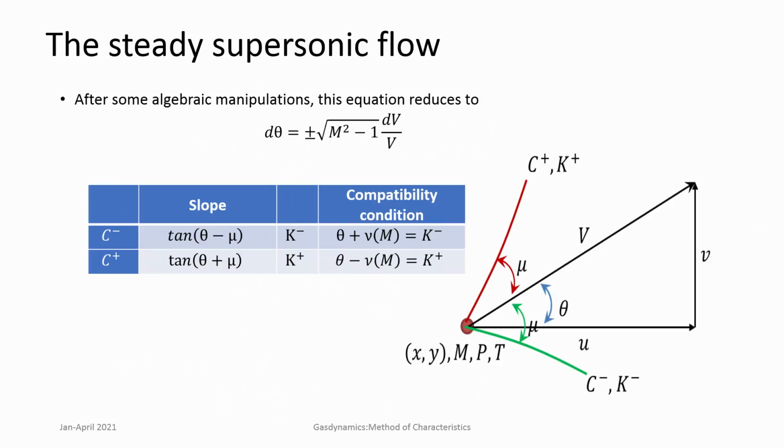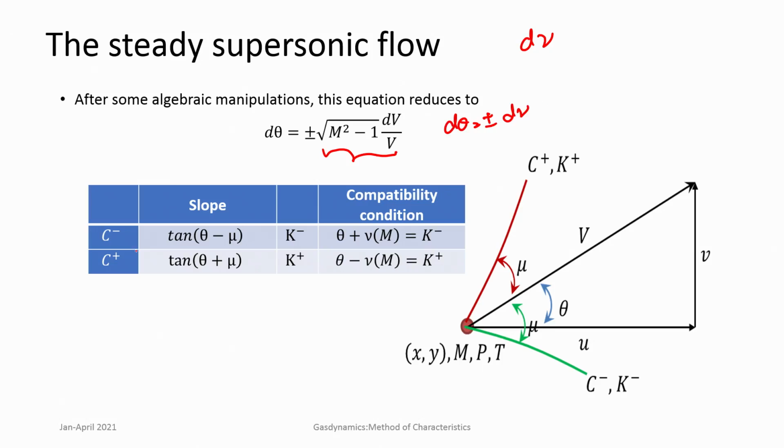Then what we get is that d theta is equal to plus or minus square root of M square minus 1 dv by v. This particular form should be familiar to all of you by now. Square root of M square minus 1 dv by v is nothing but d nu, where nu is the Prandtl-Meyer function. So, you get d theta is equal to plus or minus d nu. If you integrate it, you just get the condition.